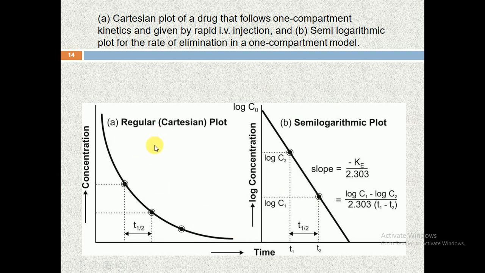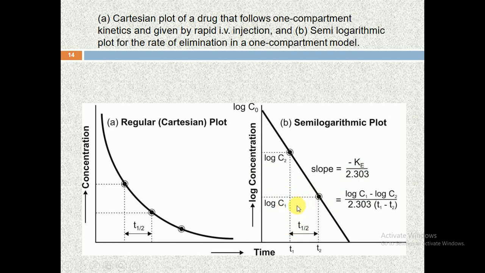So this is the regular Cartesian plot, which shows that the concentration of the drug is reduced with time. It can be represented mathematically. This is a straight line, so the slope is equal to minus K divided by 2.303, and this becomes equal to log C1 minus log C2.